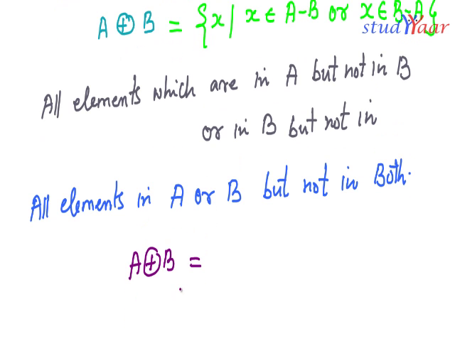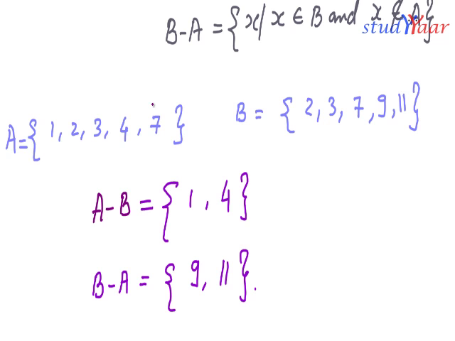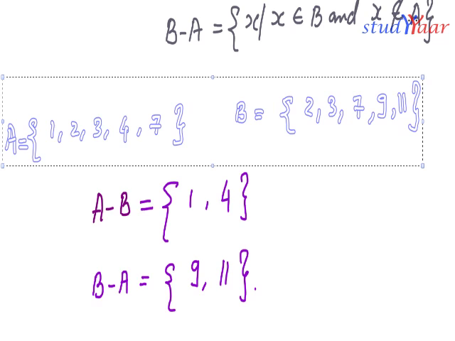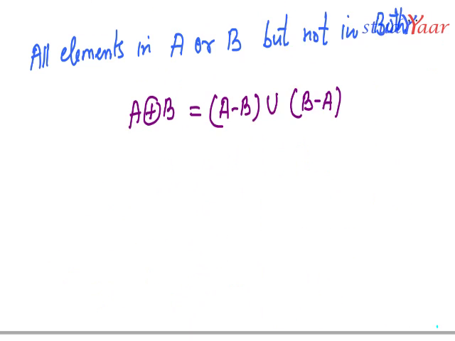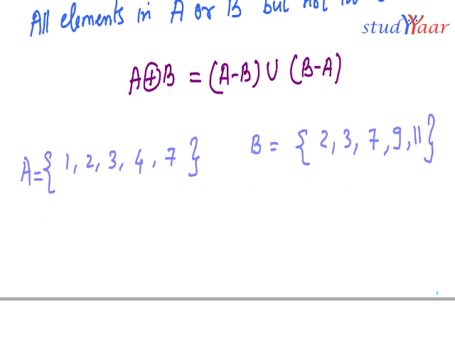Therefore I can say the symmetric difference of A and B is equal to A minus B union B minus A. Let us take an example. We are going to have the same example and find out the symmetric difference of A and B using this. So I have this example over here, and I want to find out the symmetric difference of A and B.